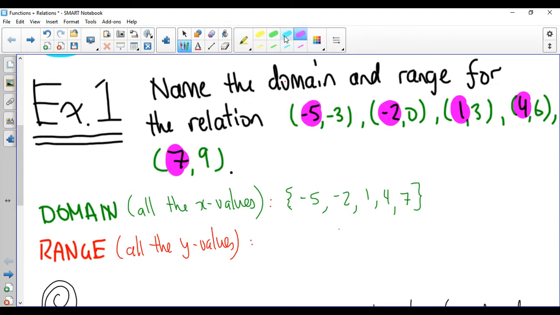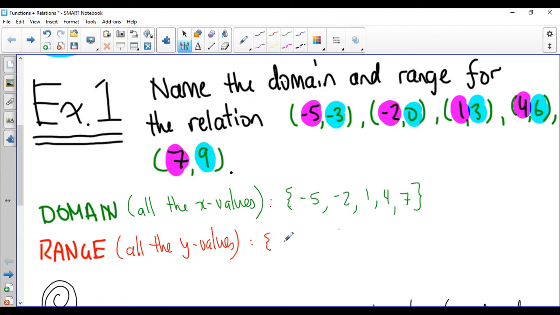Now, let's look at our range. Again, I'm just going to highlight all the y coordinates. And then when we check it out, we say, okay, what's the range? Again, squiggly bracket. And it looks like my range is also ascending: -3, 0, 3, 6, 9.